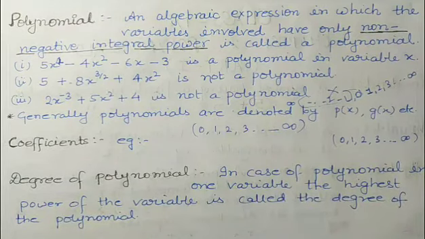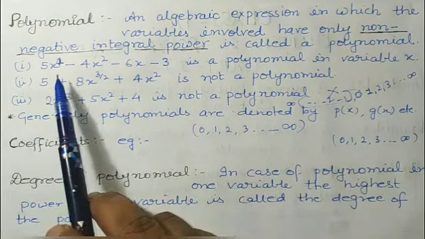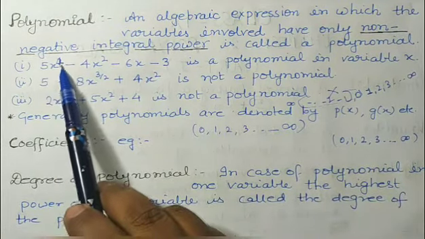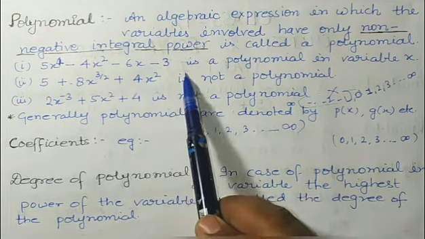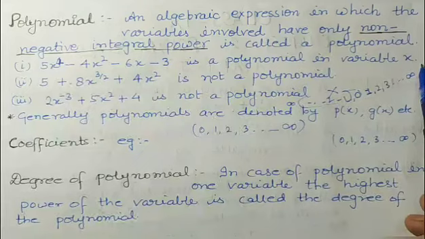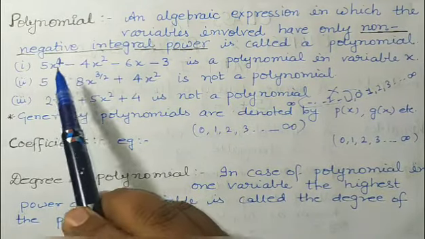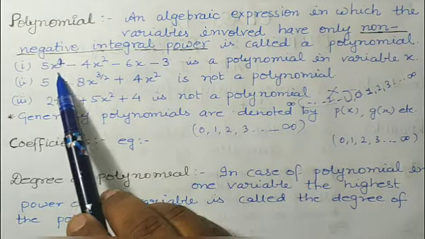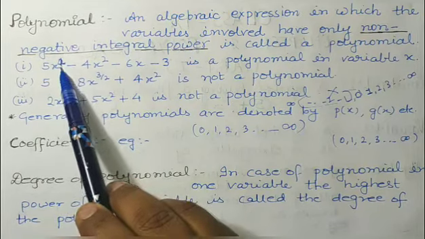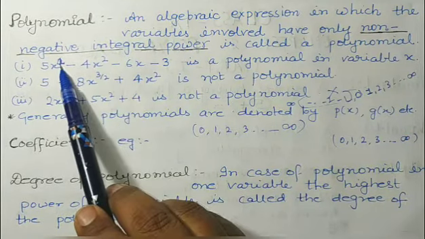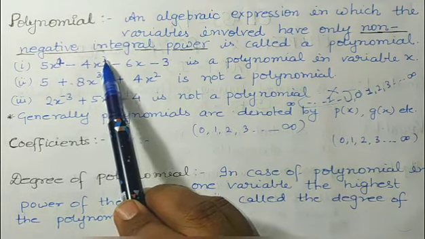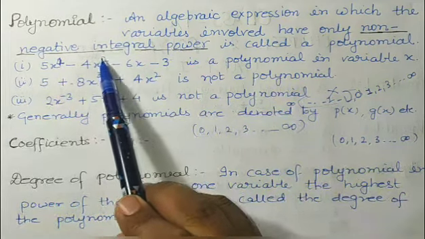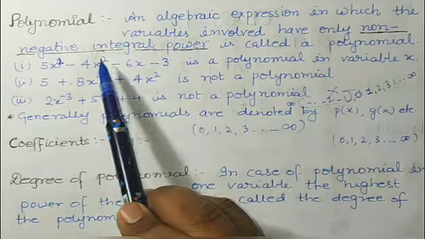Okay. Now coming to the examples. First example is 5x to the power 4 minus 4x square minus 6x minus 3 is a polynomial in variable x. It is correct because here in 5x to the power 4, the power 4 is positive and it is an integer also. In the term x square, the power is an integer as well as positive.